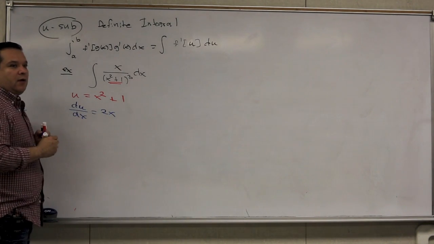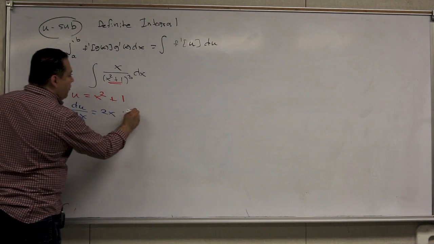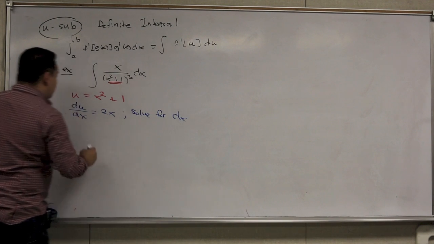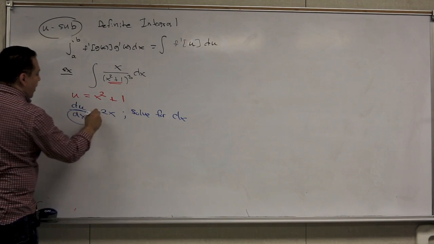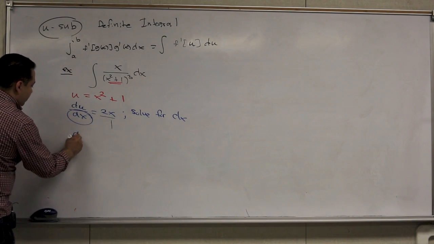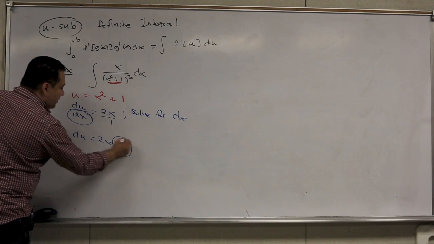Is that true? So what comes next after this? You have to solve for your dx now. So when you solve for this, you could cross multiply. That gives you du is 2x dx, but we haven't solved for dx.